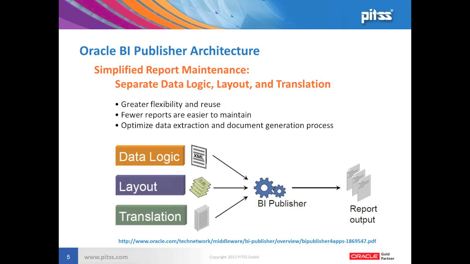Then there is the layout component, where we can design the interface for the report. We can design fields, charts, and other visual objects. And there is also the third component, the translation component, that offers us the possibility to include multilingual support for our reports.